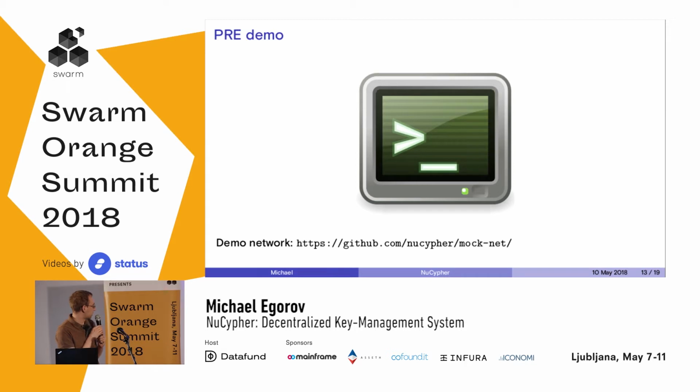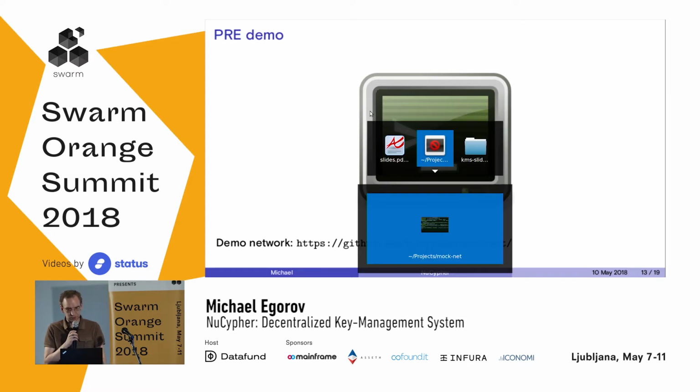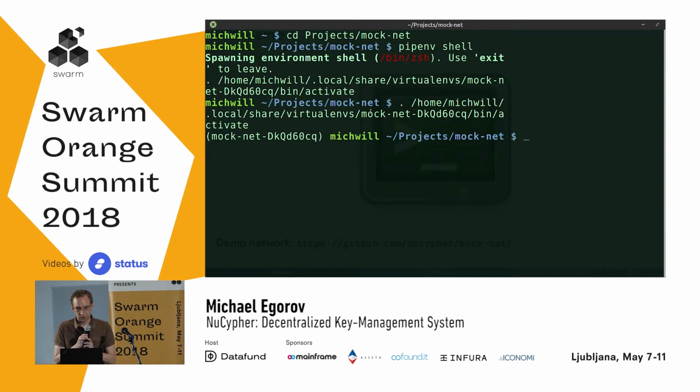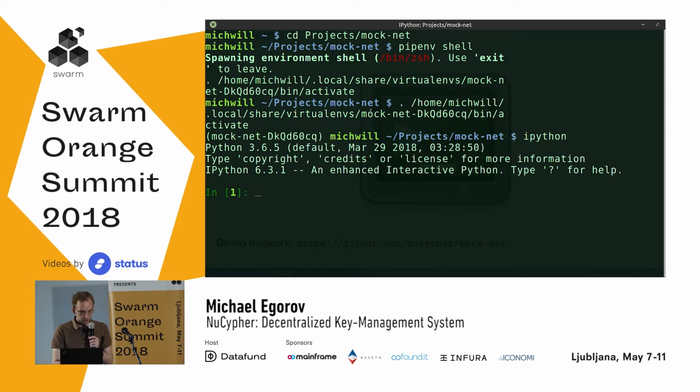And let me show how you would use it. The decentralized network as a proxy re-encryption service is not up yet, but you can play with mocknet, so let me show how it looks. Right now it's a reference implementation, so it's in Python, although the Python overhead is actually pretty tiny compared to elliptic curve cryptography.